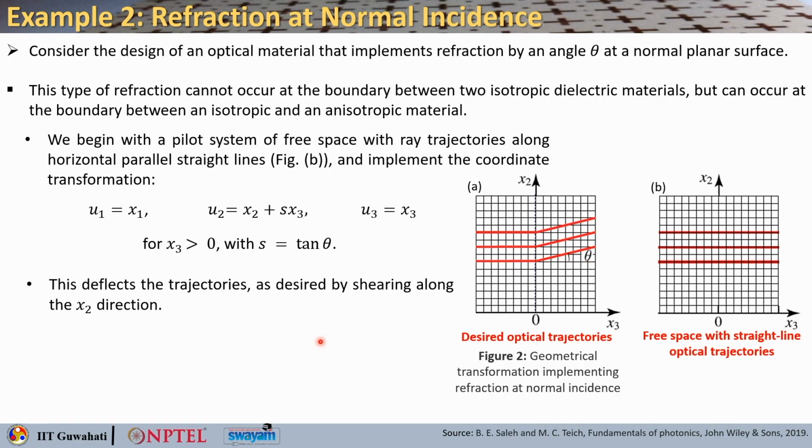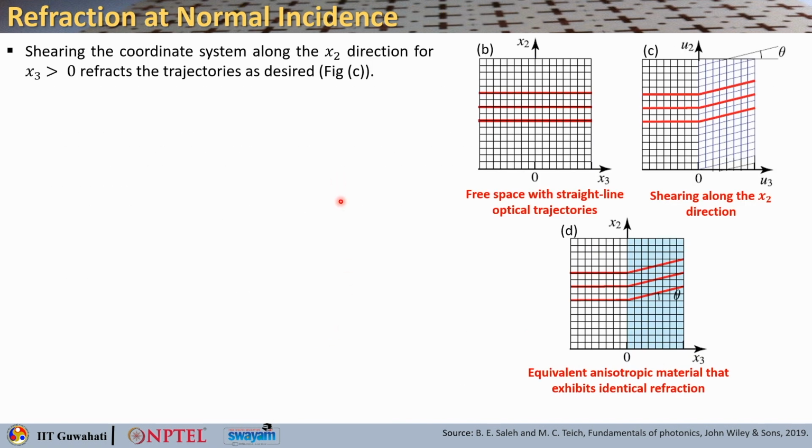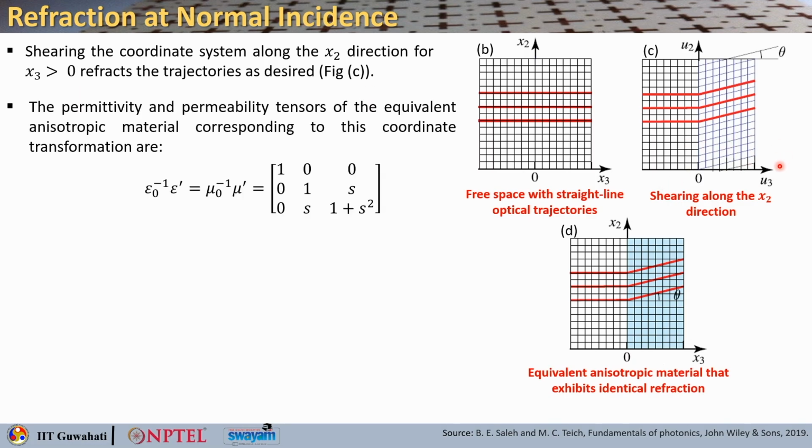This will deflect the trajectory as per the requirement, as desired by the shearing. You can do this by shearing along the x2 direction. You can see the coordinate system is sheared along the x2 direction by an angle of theta, and that gives you the bending of the rays, and this is done only for the positive half plane of x3, where x3 is greater than 0.